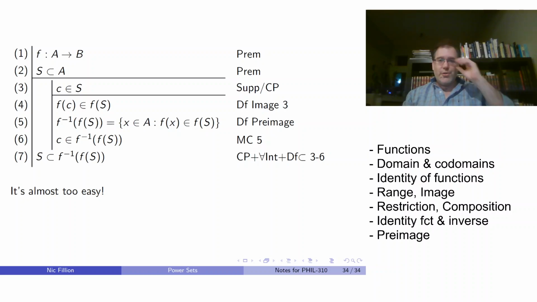So we've introduced functions. I've talked about why we want to deal with functions as a part of set theory. There are parts of math for which it's very important not to just use our intuitive understanding of functions. Then we've introduced a few different kinds of manipulations that we can do with functions, namely restrictions, compositions, composition with identity functions, things like that.